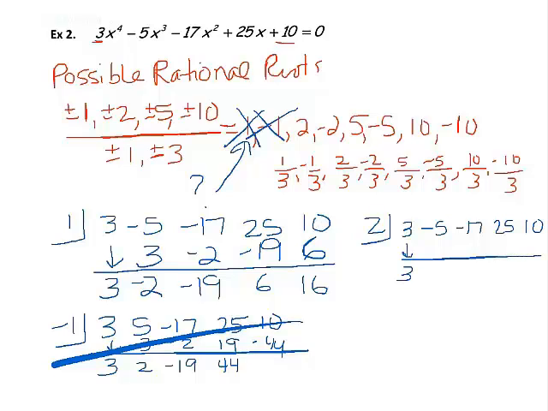Okay, again, performing my synthetic division. And it looks like my remainder is 0, which means that x minus 2 is a factor, and 2 is a rational root of this equation.